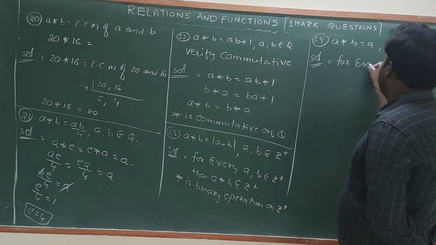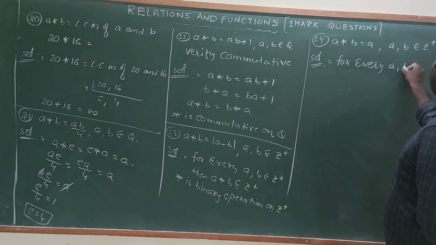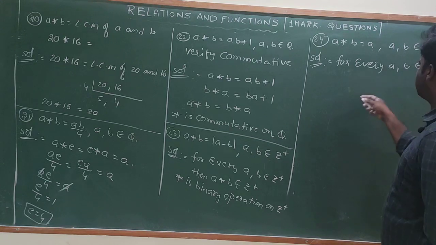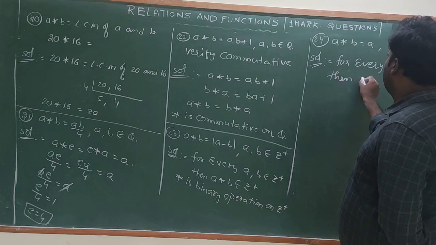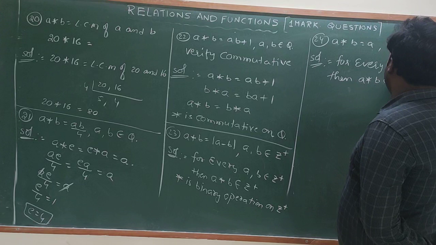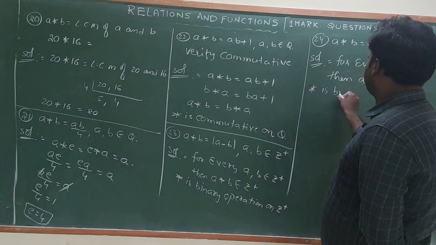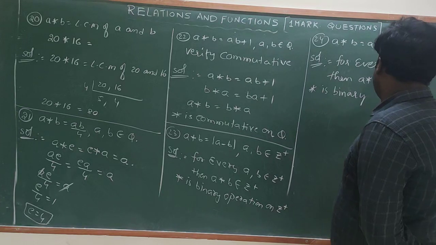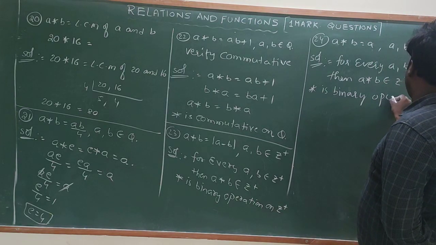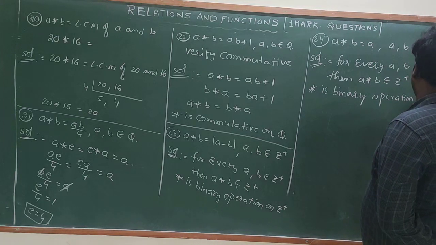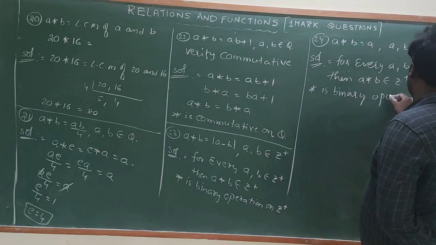Therefore, for every A comma B belongs to Z plus, then A star B value also belongs to Z plus. Then star is binary operation on Z plus.